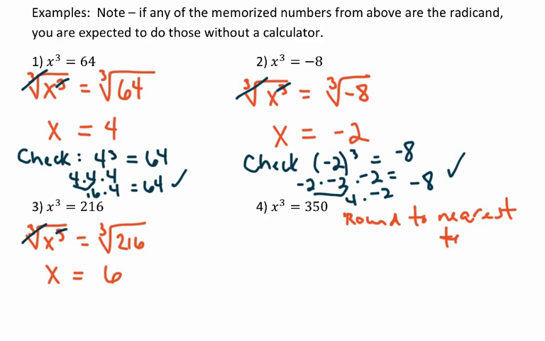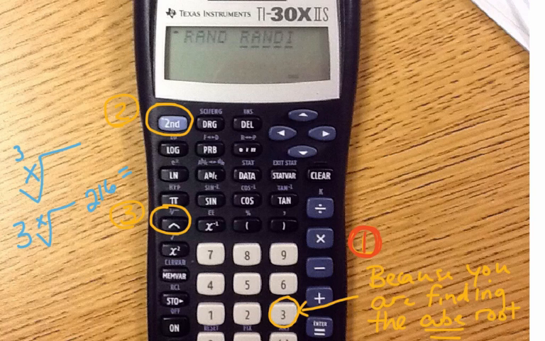And we are going to take the cube root of both sides, the cube root of 350. The cube root and the cube cancel each other out there. Those are inverse operations. And then on my calculator, again, I'm going to start with the 3.